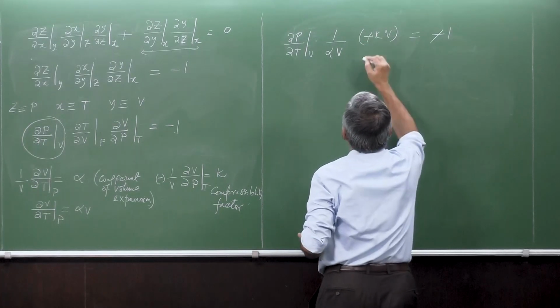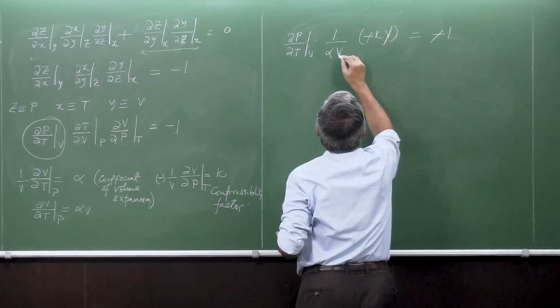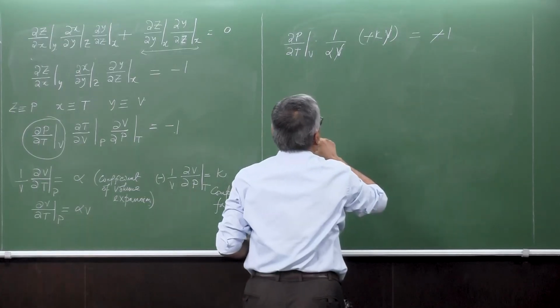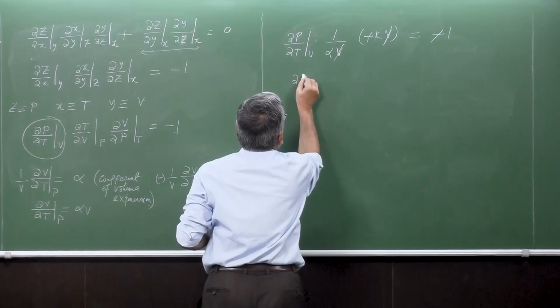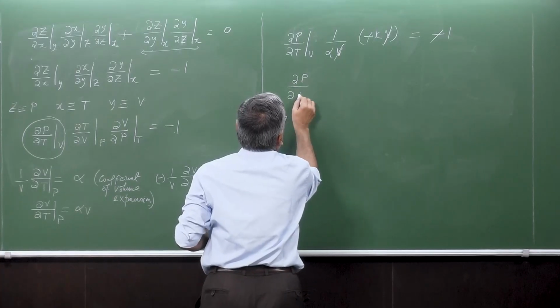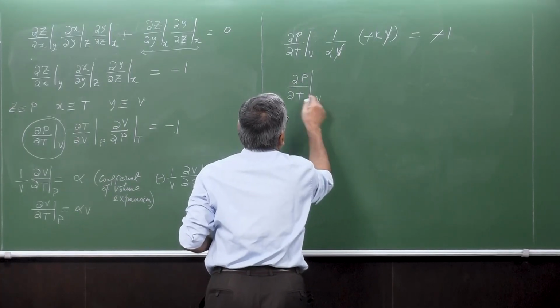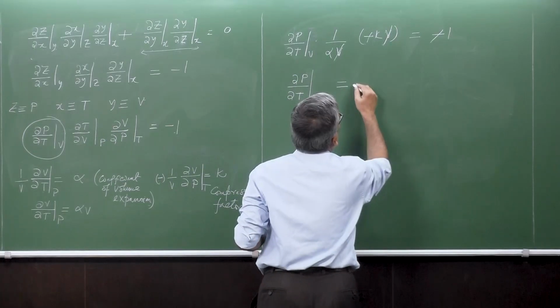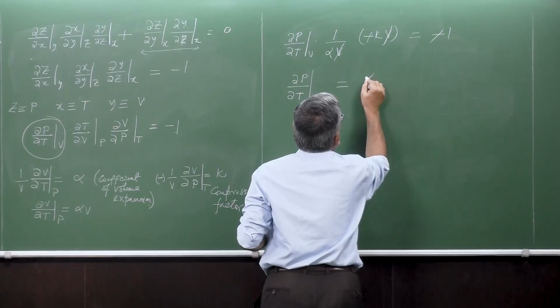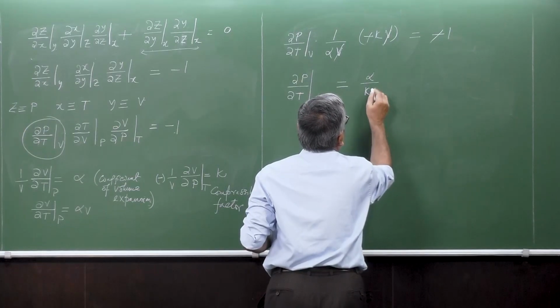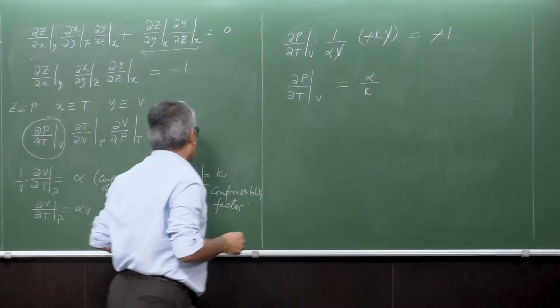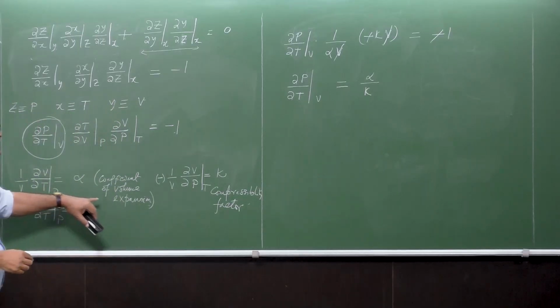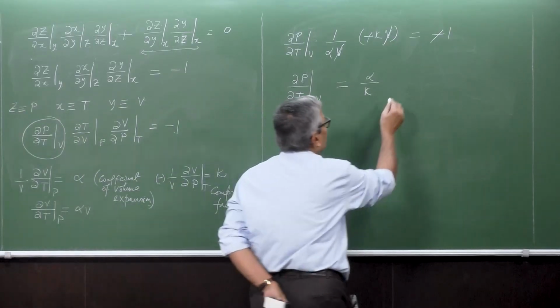The minus cancels out, V cancels out, and you have del P del T at constant V equal to alpha by kappa, that is, the coefficient of thermal expansion divided by the compressibility factor.